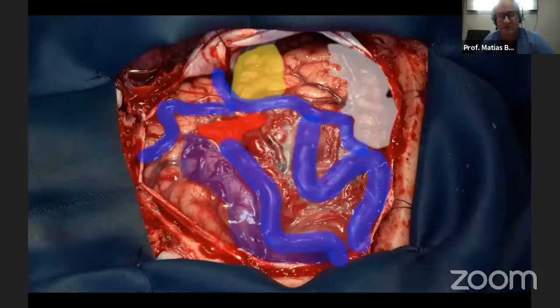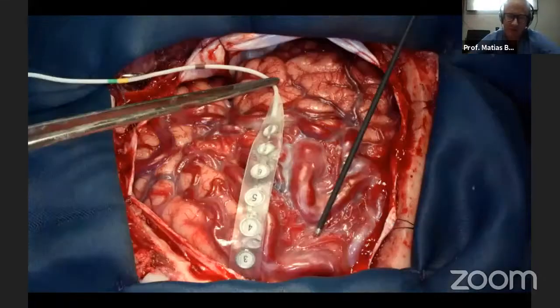We performed this surgery with two colleagues. We were working for 27 hours with this patient, performing the monitoring of the cortical functions.